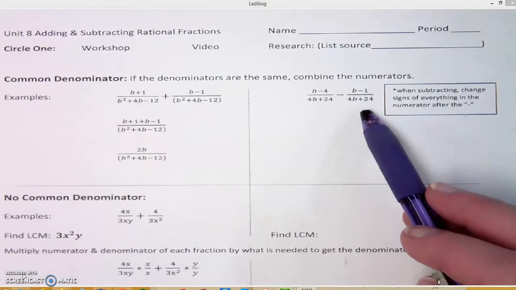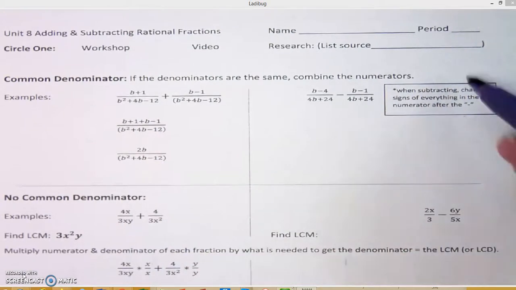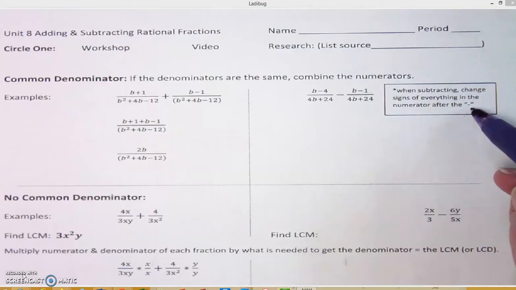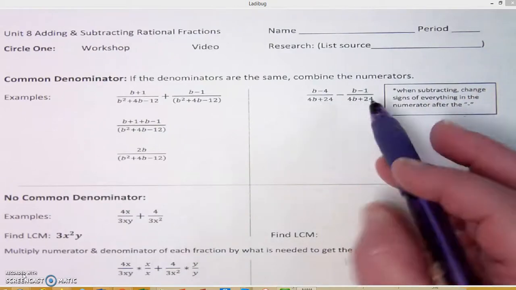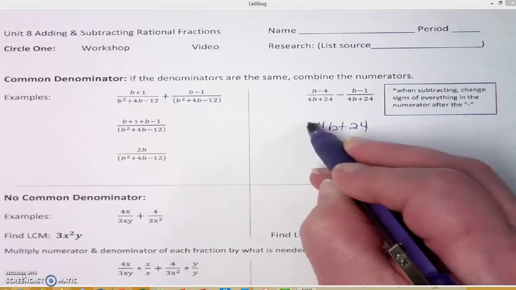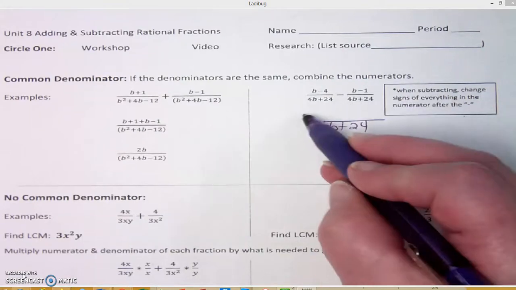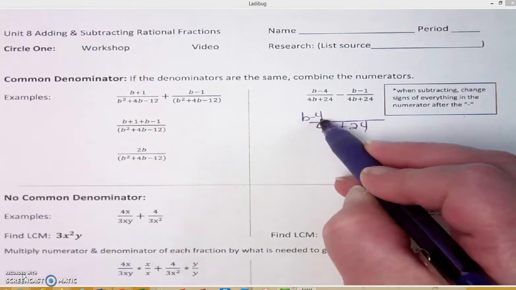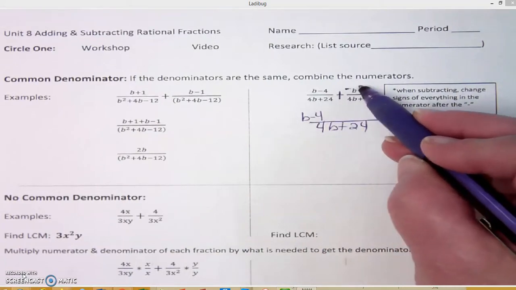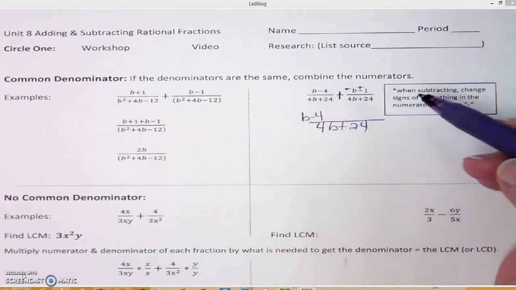Now when you subtract, remember when subtracting you need to change the signs of everything in the numerator after the negative sign. So our denominators are the same, so I'm just going to go ahead and write my denominator, and I'm going to combine like terms. I have b minus 4 here, that stays the same. This is a minus, so you can change that to a plus and then change the signs on everything after that.